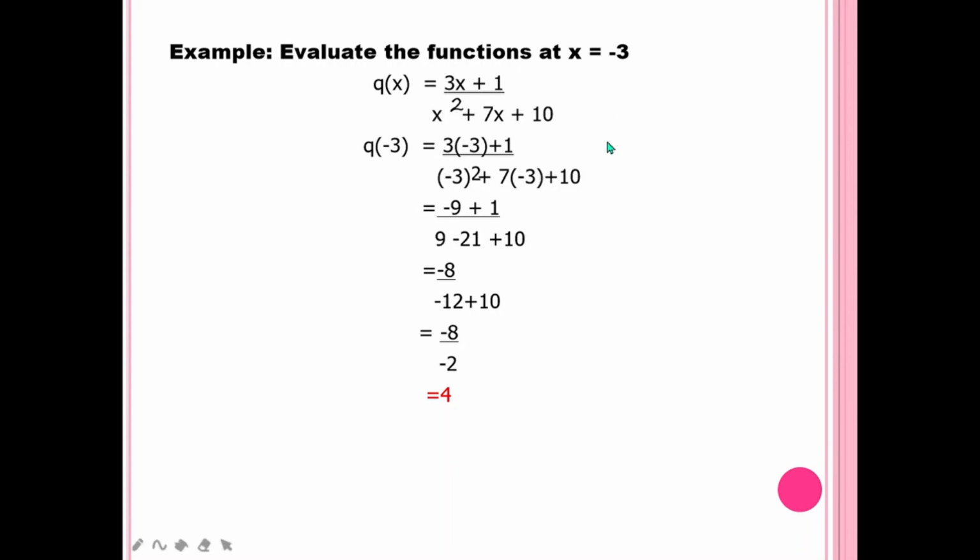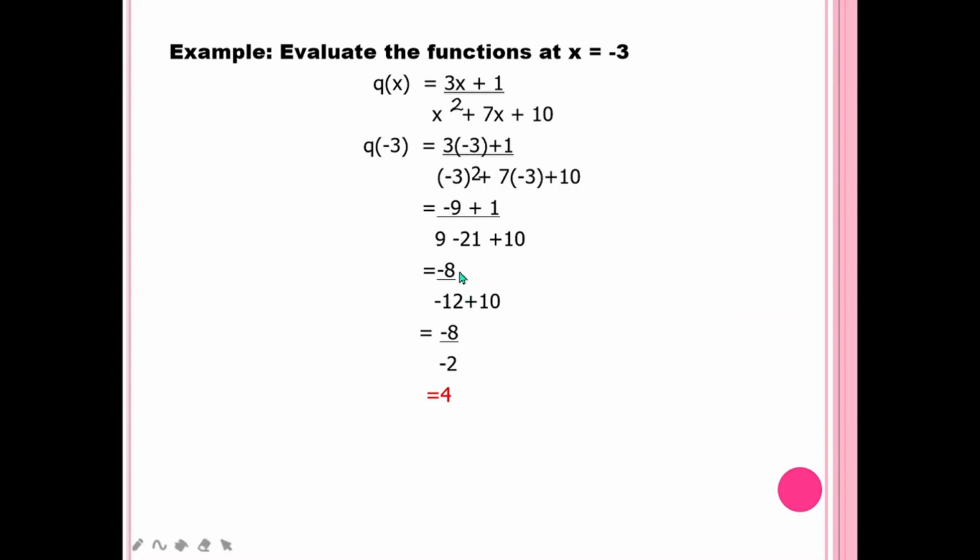So here, positive 7 times negative 3 would give you a product of negative 21, plus 10, plus 1. That would give you negative 8 over positive 9 minus 21, which would give you negative 12, plus 10.